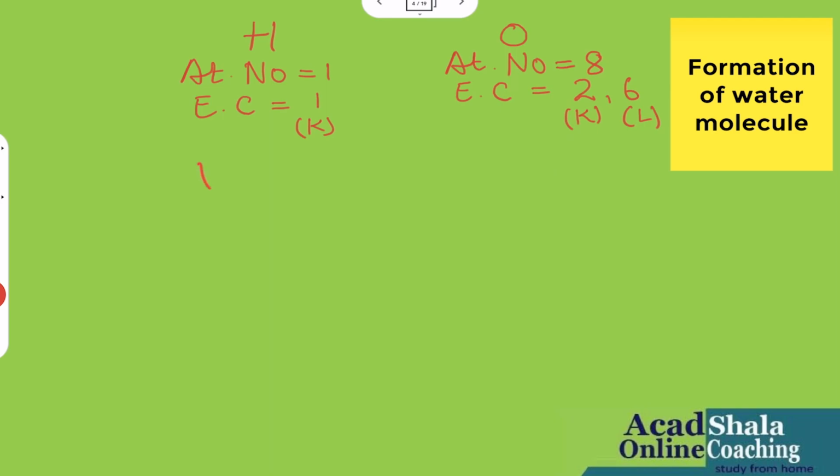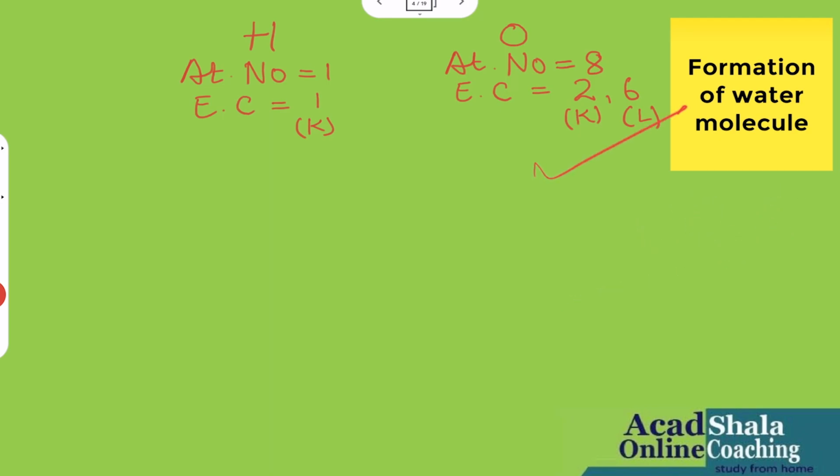Now, hydrogen contains 1 electron in its valence shell and it requires only 1 electron to complete its duplet. While oxygen contains 6 electrons in its valence shell and it requires 2 electrons to complete its octet.